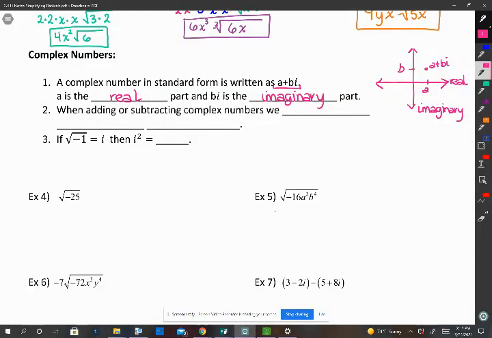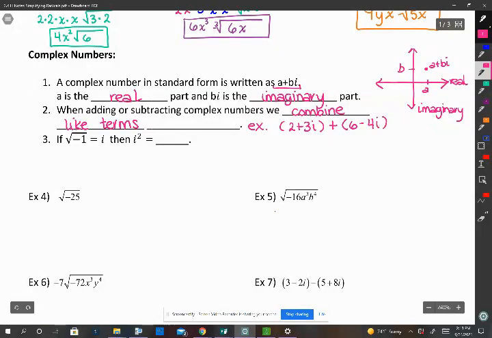When we add or subtract complex numbers, we just combine like terms. What I mean by that is we combine the real part with the real part and the imaginary part with the imaginary part. So it's not a big deal. If I was doing a problem, something like 2 plus 3i, and I'm adding, I'll just do an addition problem, 6 minus 4i, then I combine like terms.